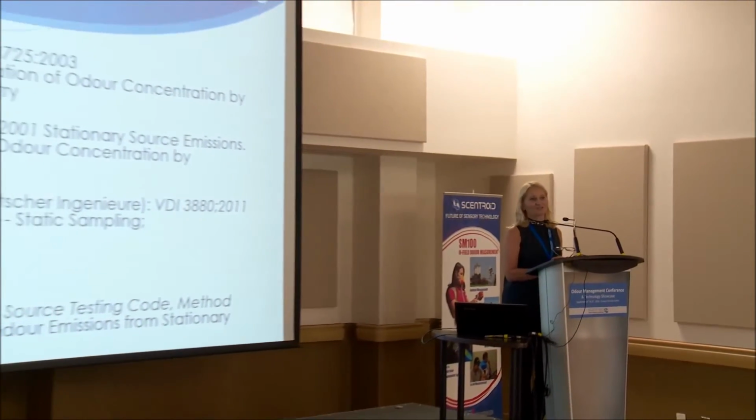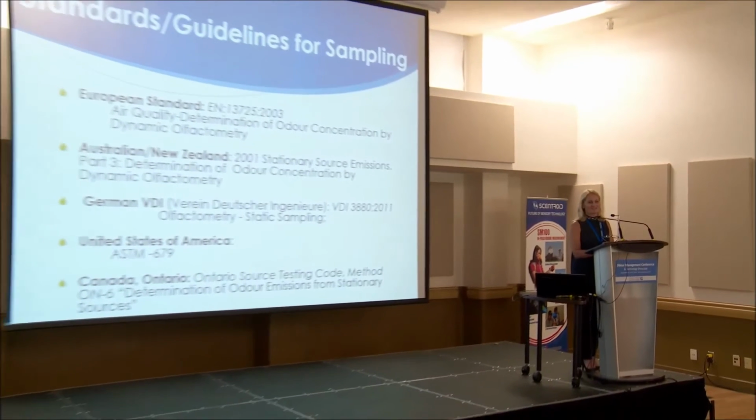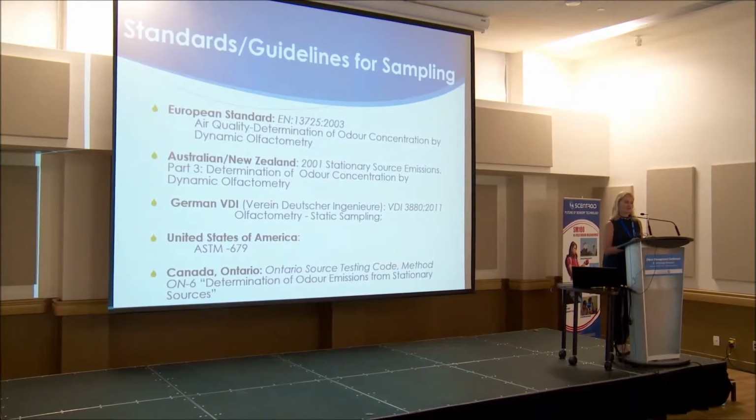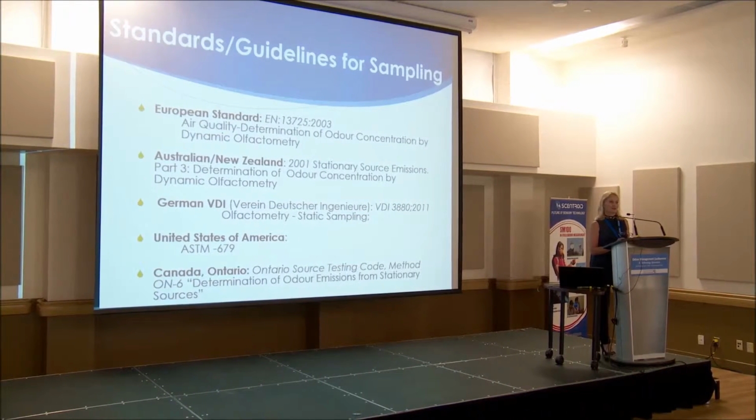I was the chair of the Committee for Standardization in the US. We tried to develop the methodology standard guidelines, but after so many years, probably 6-9 years, I think it's still a draft, and I think everybody is using the European standard right now. In Canada, we have the Ontario Source Testing Code, Method ON6, determination of odor emissions from stationary sources.